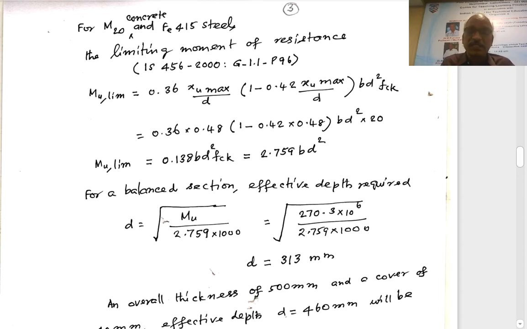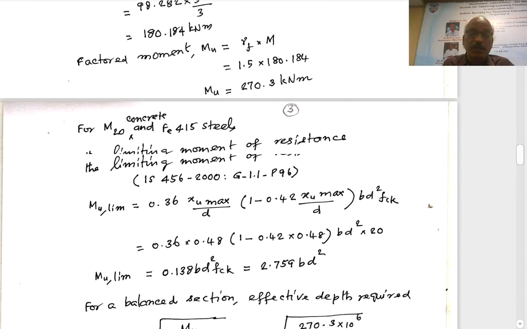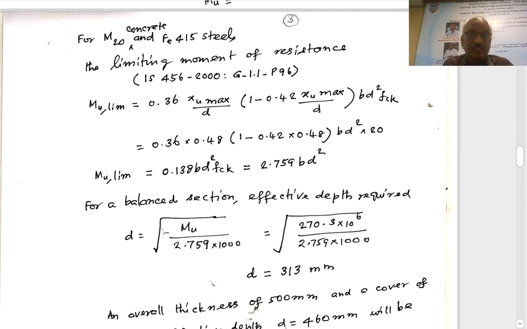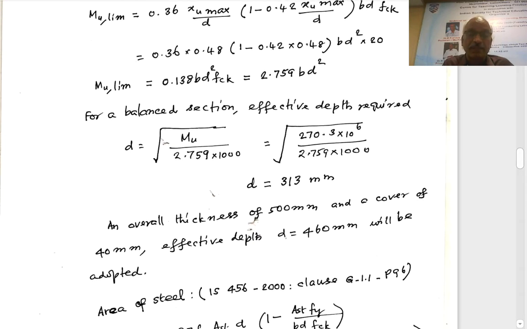Now equating the bending moment to the moment of resistance, we know the bending moment equals 270.3 kilonewton meter, or 270.3 into 10 power 6 newton millimeter. So equating the bending moment to the moment of resistance, we get the depth of the section.